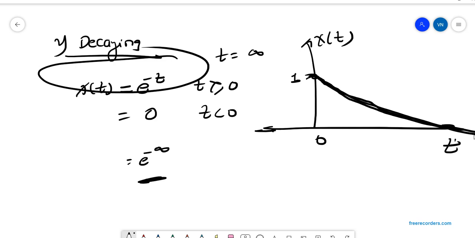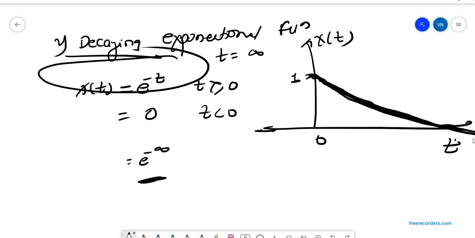If I put infinity, you will get e raised to minus infinity, so for this decaying exponential you will get a 0 value when the time is equal to infinity. So this signal goes on decreasing, and that's why it's called a decaying exponential function.